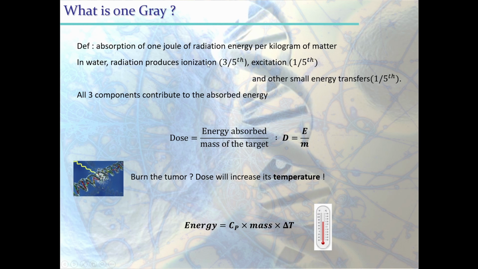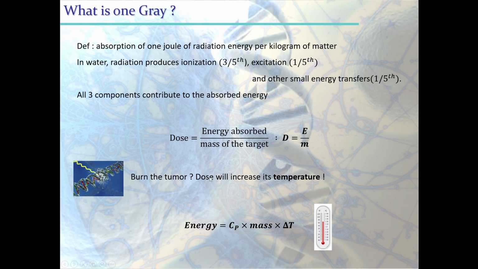But those 3 components will contribute to the absorbed energy. Okay, so we say the dose is the energy being absorbed by the target divided by the mass of the target, D equals E divided by M. Okay. We said, yes, we have to burn the tumor easily, don't go too fast.